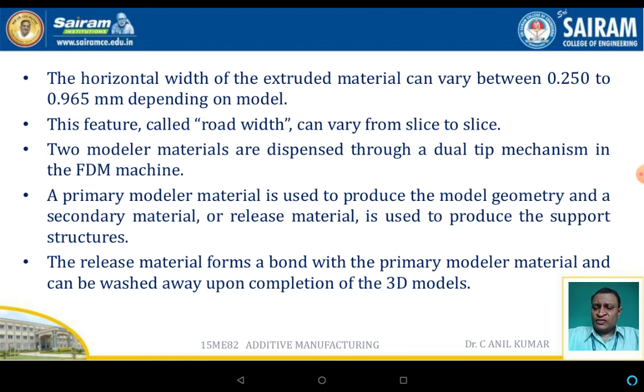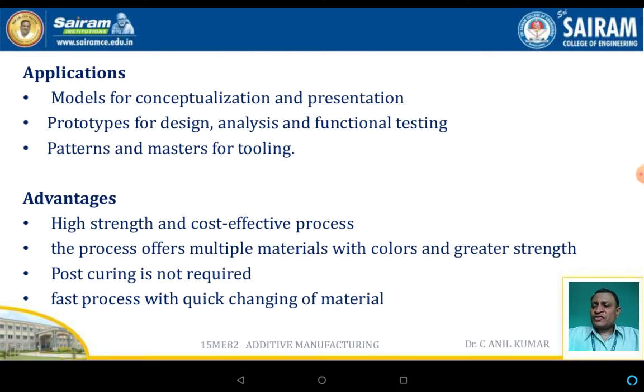The primary modeling material is used to produce the model geometry, and the secondary material, or the release material, is used to produce support structures. The release material forms a bond with the primary modeling material and can be washed away upon completion of the 3D model.